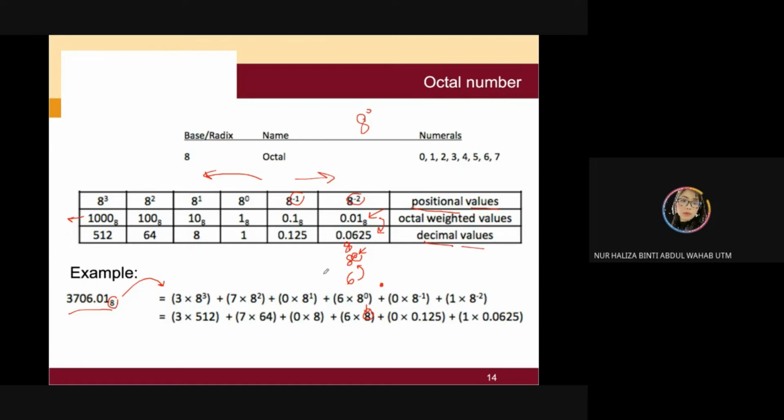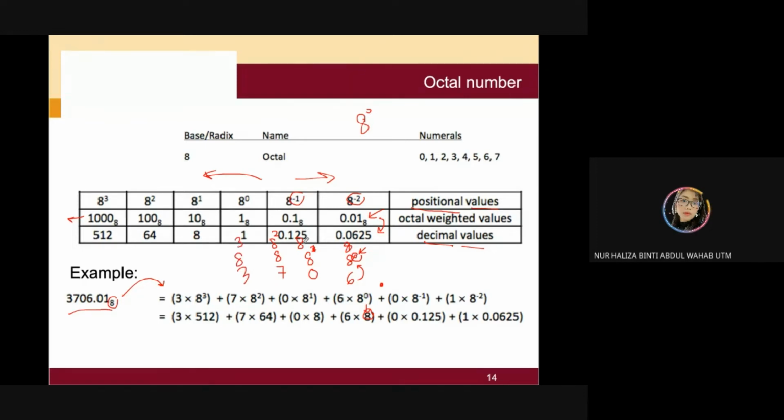So then you will get another one, 0, 8 to the power of 2. 8 to the power of 1, you will get 8. And then you have the value of 7, you will multiply with 8 to the power of 2. And then 3, you will get 8 to the power of 3.